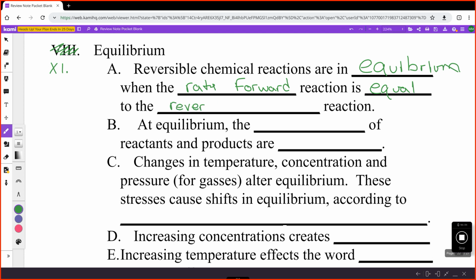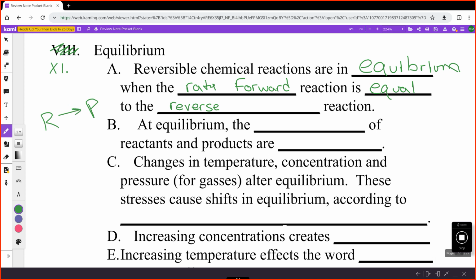So what I mean is that every time a reaction goes from reactant to product, at the exact same time a product turns back into a reactant. So it kind of would look like this. The reactants are on your left, the products are on your right.